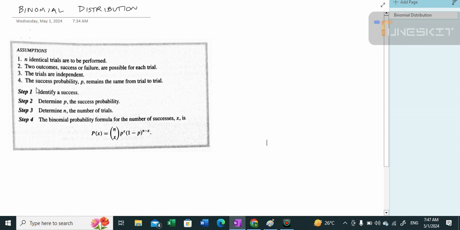Now the third assumption is that the trials are independent. Consider the example of the rolling of a die experiment. If we roll a die for the 10th time, the occurrence of the outcome does not depend upon any preceding trial or any preceding outcome.